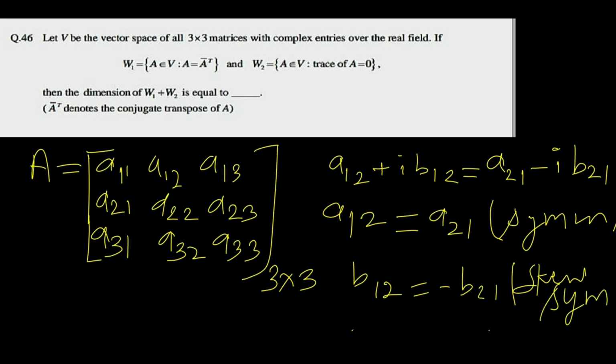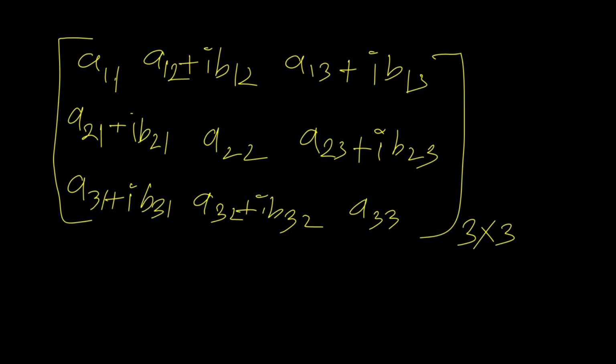Then for the dimension of W1, the matrix is like this. Basically in this type of matrix, A11, A22, A33 should be real, and A12 plus iB12 is related to A21 plus iB21. Basically, A12 equals A21 and B12 equals minus B21, so A21 is written as A21 minus iB21.